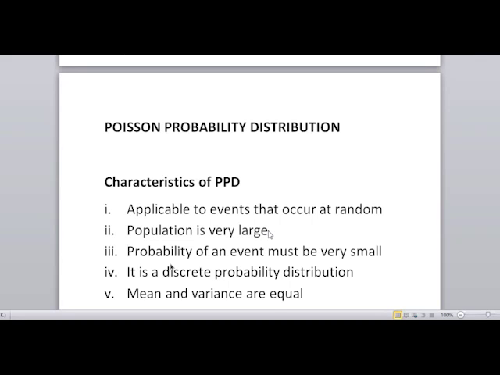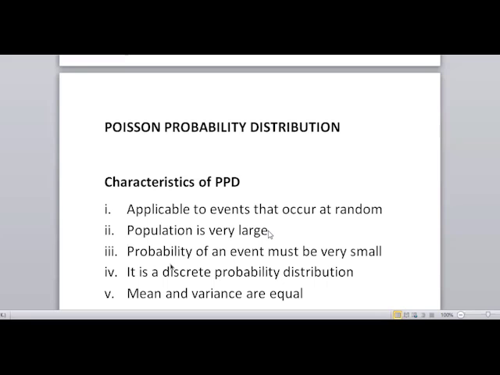So it's a large population, but only few people may be admitted. Not everyone that goes to the hospital is admitted. The majority go back home. A few are admitted. So the probability of that event occurring is very, very small.